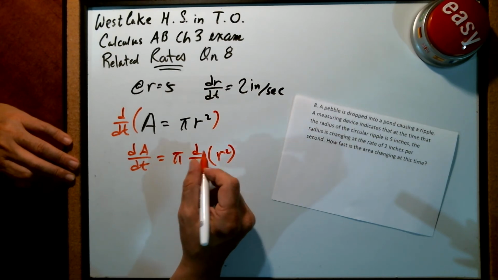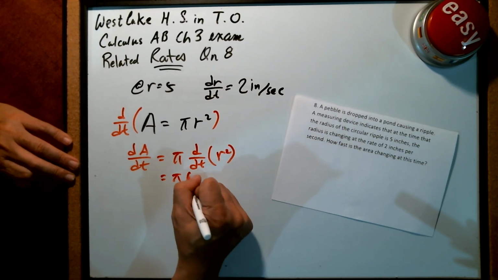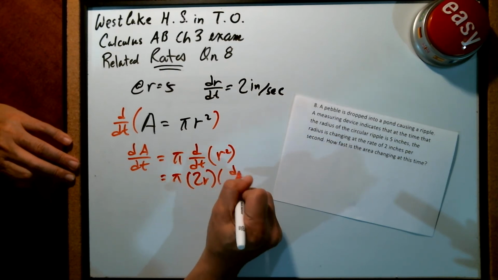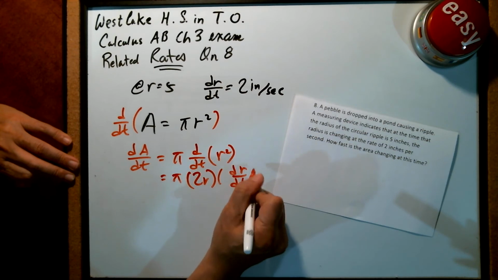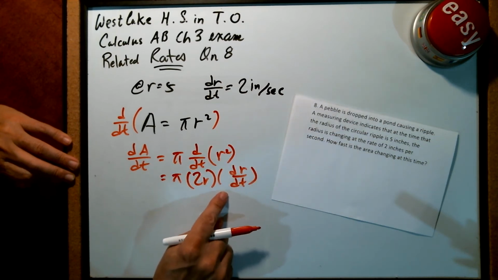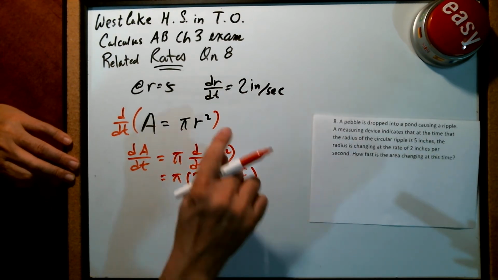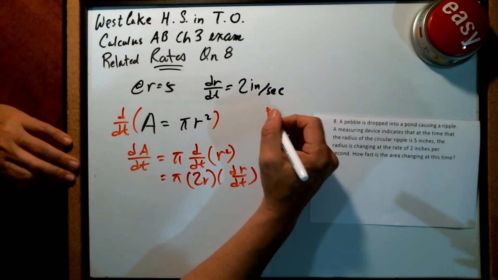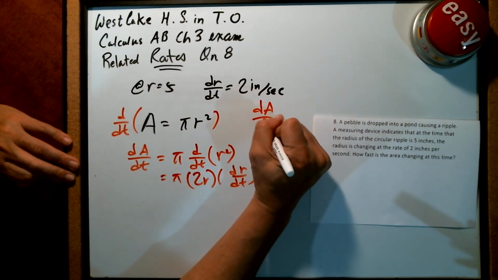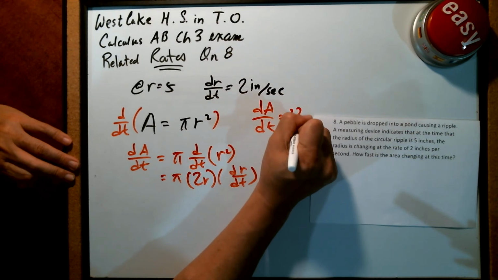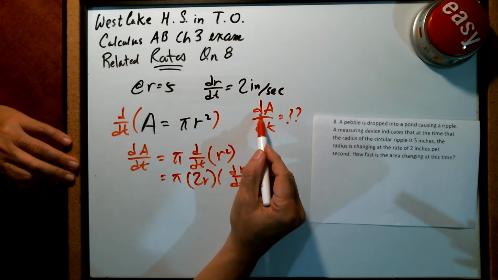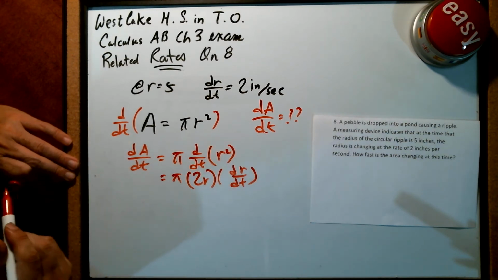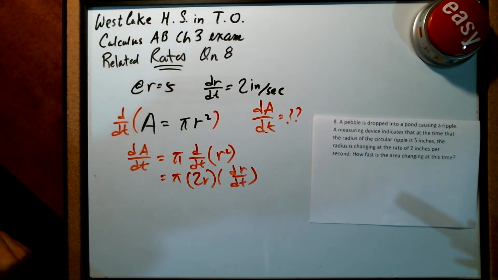We talked about this a little bit earlier. Pi times the derivative of r squared, which was 2r, times dr/dt. This is something that you're going to have to get used to. By the way, we're trying to figure out how the area is changing, right? dA/dt is what we're trying to figure out, how the area is changing with respect to time, because time is of the essence.